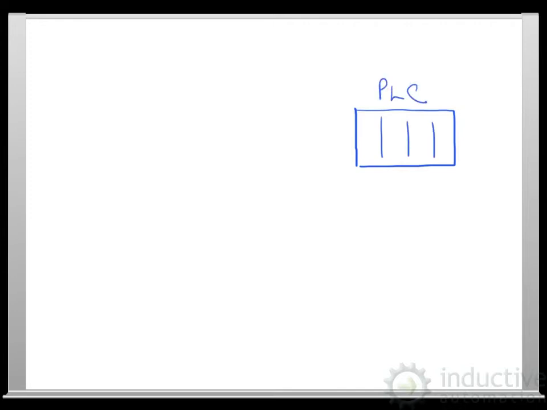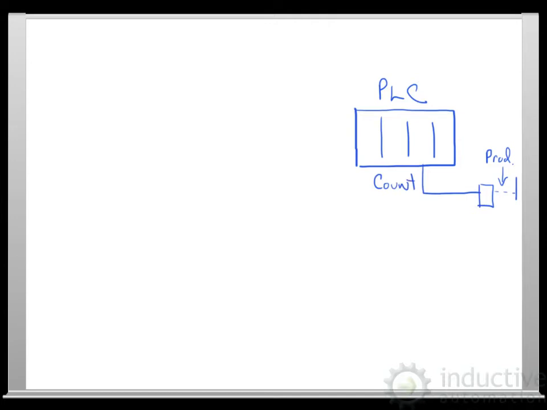and the PLC has inputs to a sensor, maybe a photo eye sensor over here, and product passes between here, and we count our production.